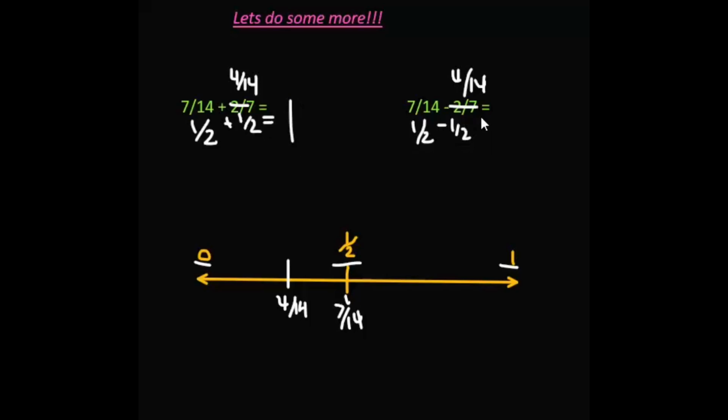Okay, and here let's just draw the equals sign. So now that we know both these numbers are about 1/2, we can subtract. So this is about 0. Okay, so a number line could help in rounding the fractions.